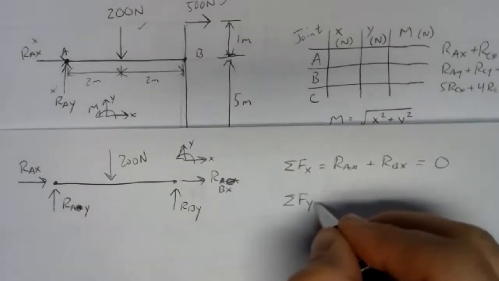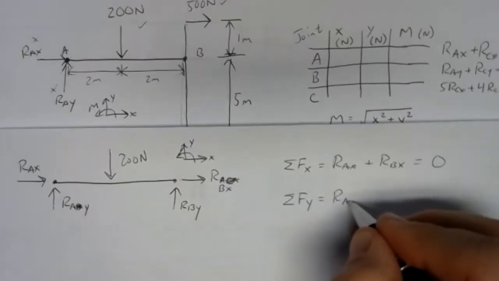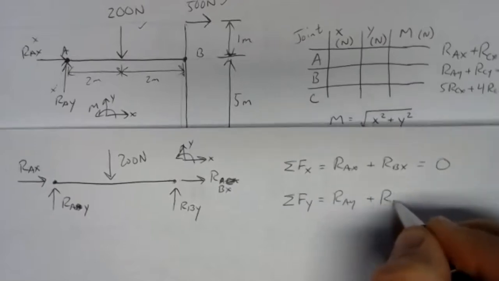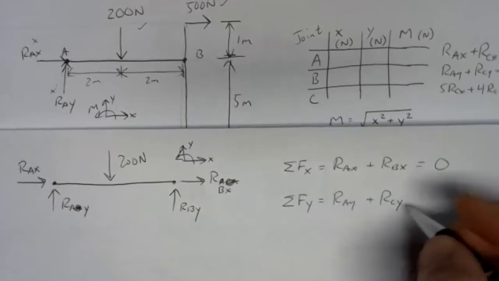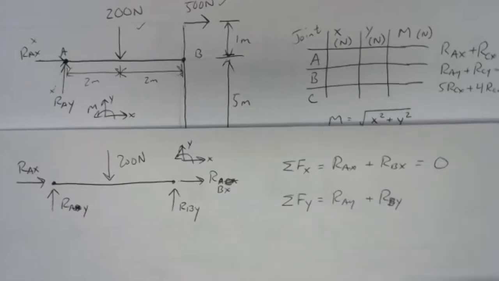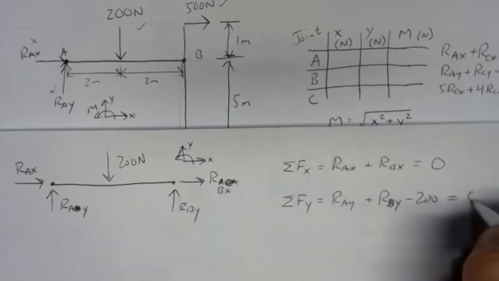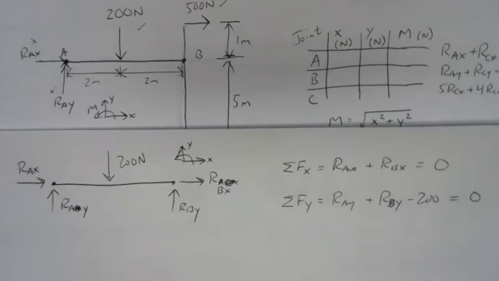We can take our sum of forces in the y direction. We've got a positive RAY and a positive RBY, excuse me. We've also got a negative 200 newtons. And that equals 0. So far, it's not looking a lot greater than what we've already done with the first set of equations from the external problem.